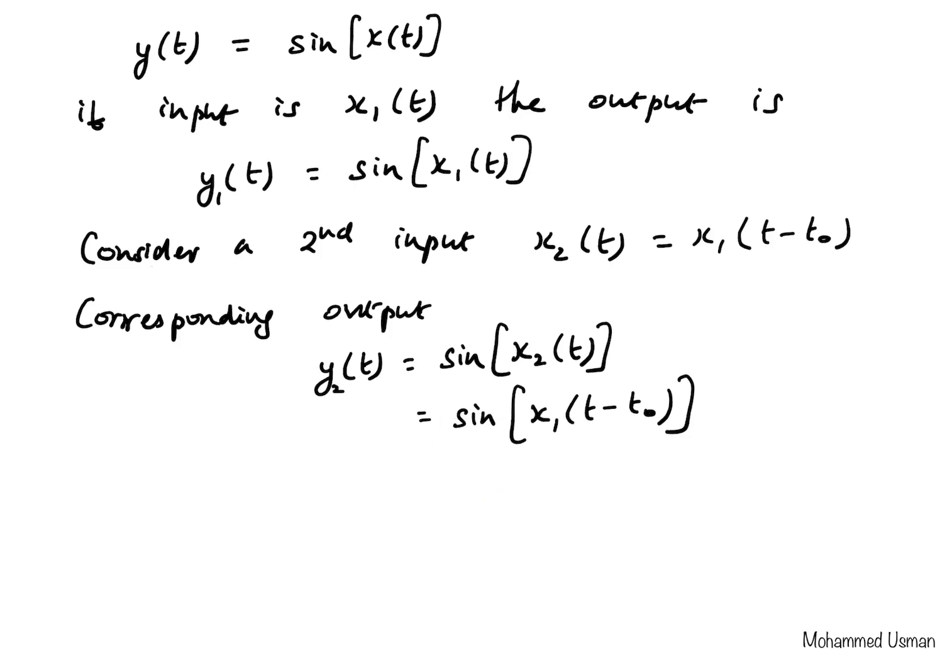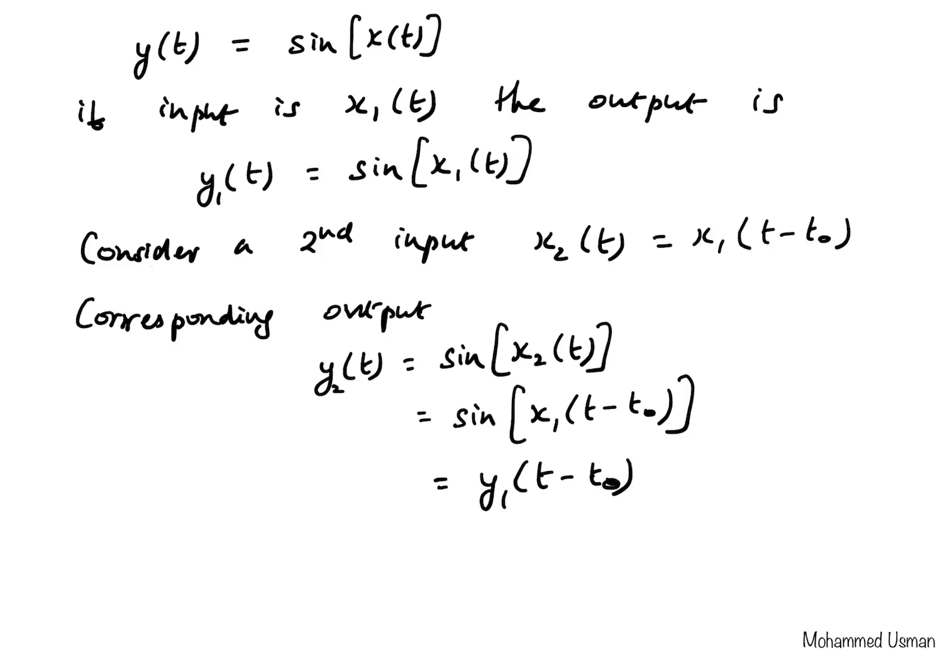So now if you look at this equation and compare it with the earlier one, y2 of t is sine of x1 of t minus t naught, and sine of x1 of t minus t naught is going to be y1 of t minus t naught.